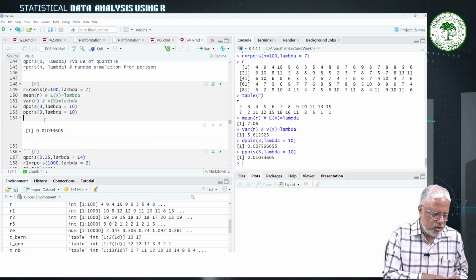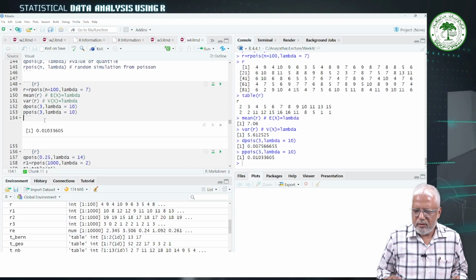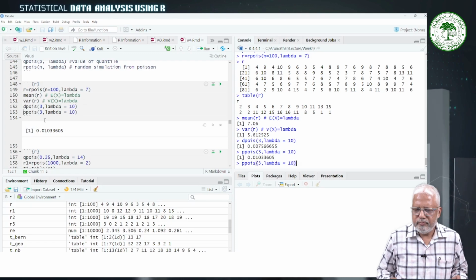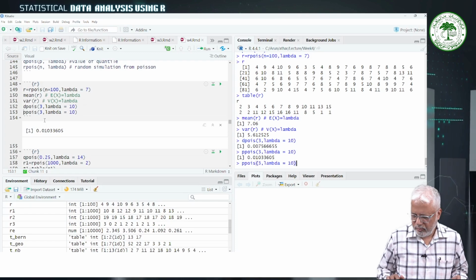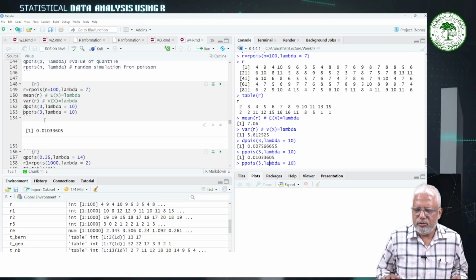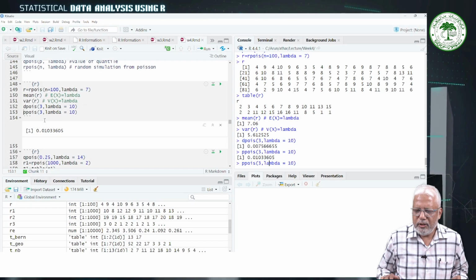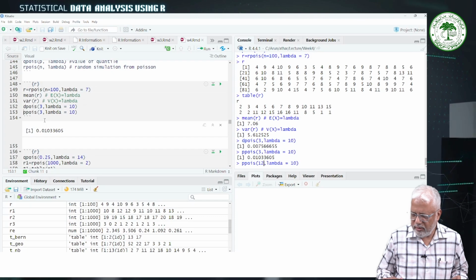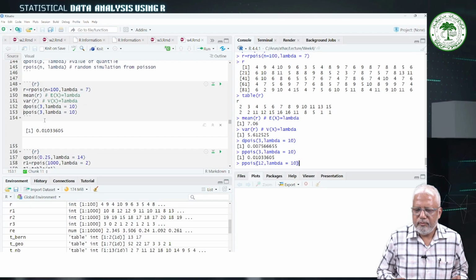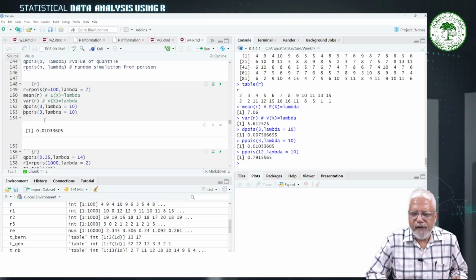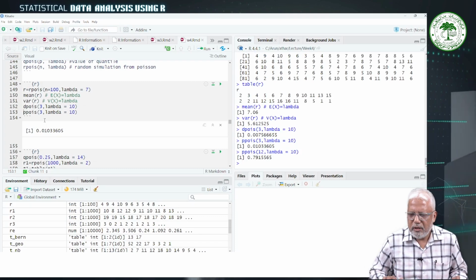And suppose we change these values, say for example ppois with lambda equal to 12, see it is 0.79.